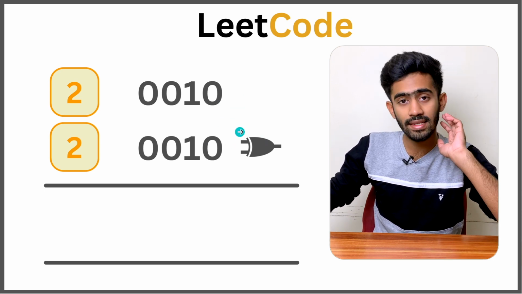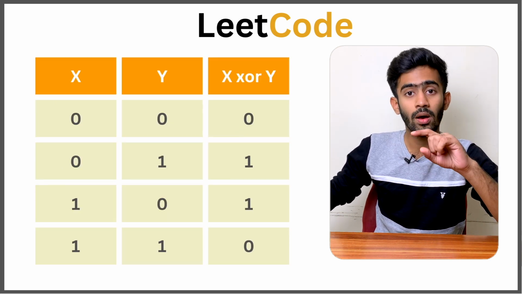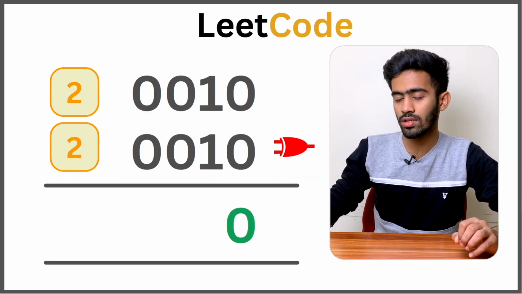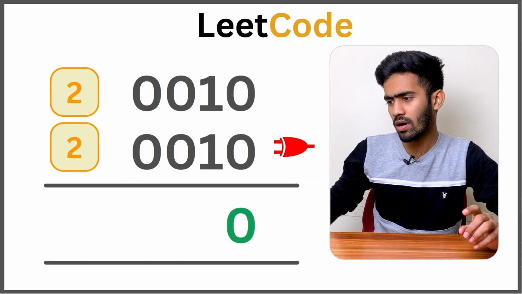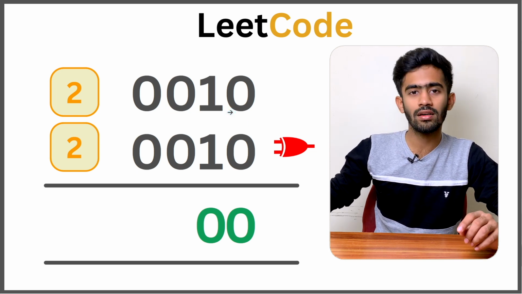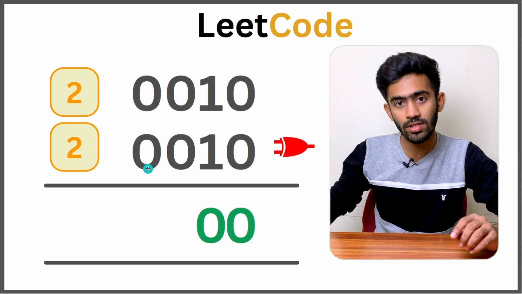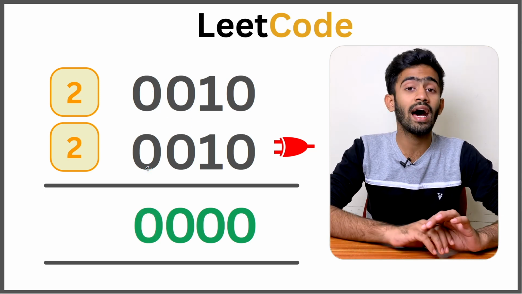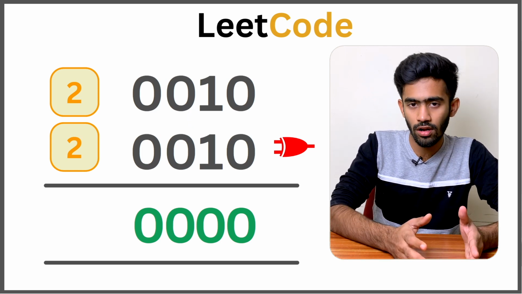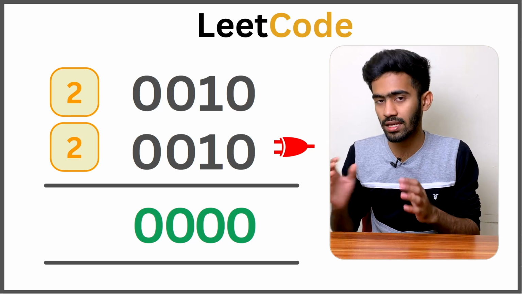If the bits are the same, the output would be 0, and that is what we get by applying the table. 0 0 gives us 0, and 1 1 is also the same, and hence gives us the output 0. Similarly for the other two inputs, both are the same, giving us the output of 0. So that is the answer you would get if we apply XOR to the same number. So 2 XOR 2 gives us 0.